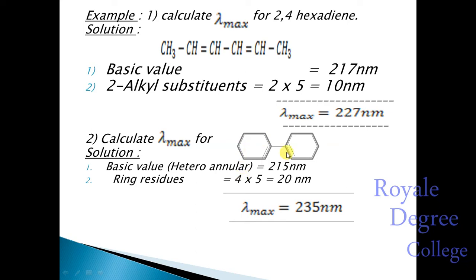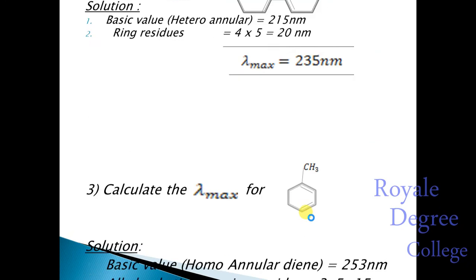Here also, from this side next to the double bond, we count the carbon atoms: 1, 2, 3, 4. So the ring residue count will be 4 into 5. Each value should be multiplied with 5, so 4 into 5 gives 20. Adding both values, you get 235 nanometer. That is the lambda max value for this particular compound.